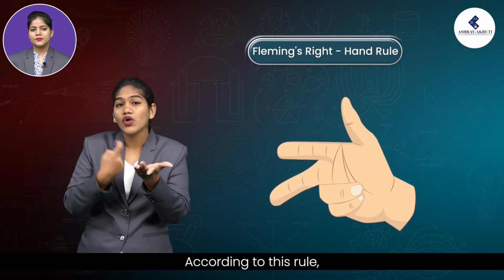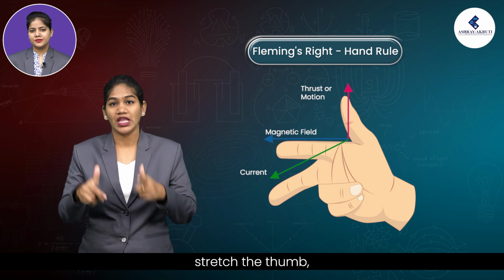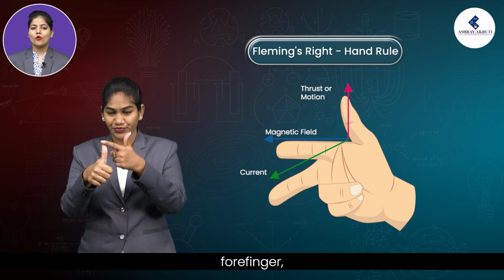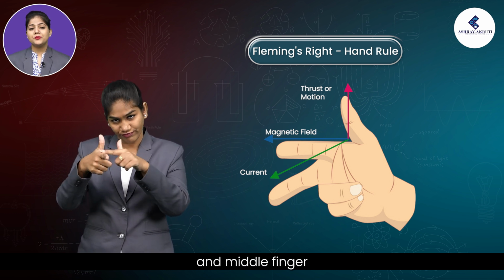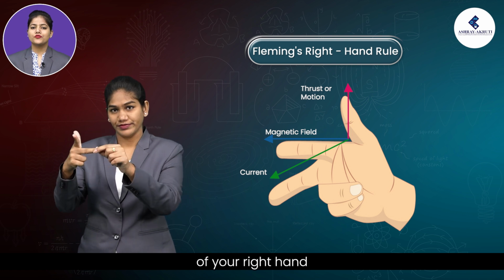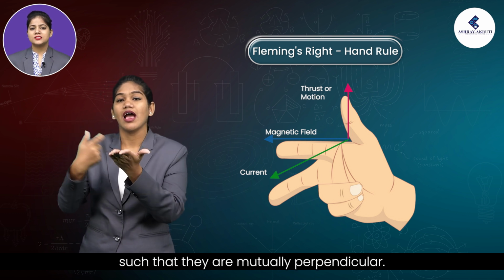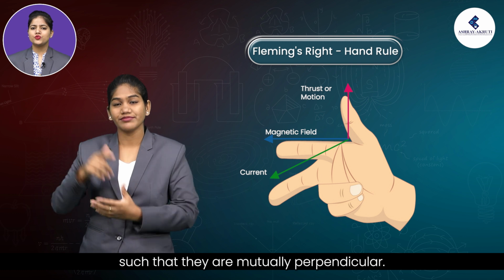According to this rule, stretch the thumb, forefinger and middle finger of your right hand such that they are mutually perpendicular.